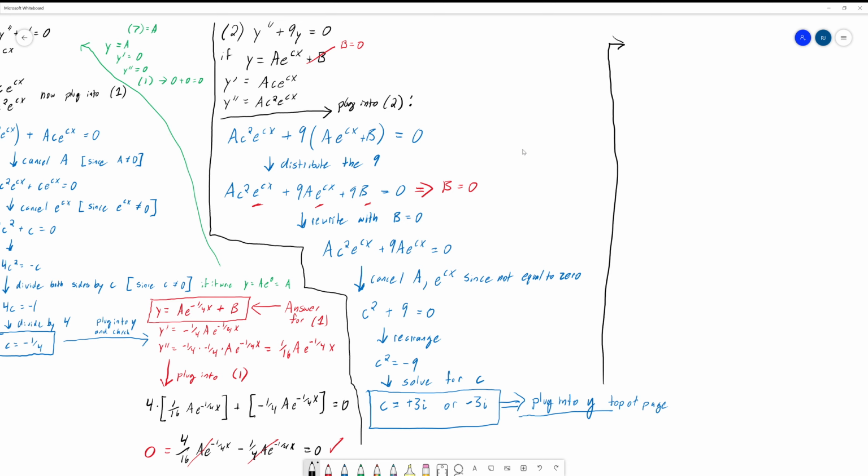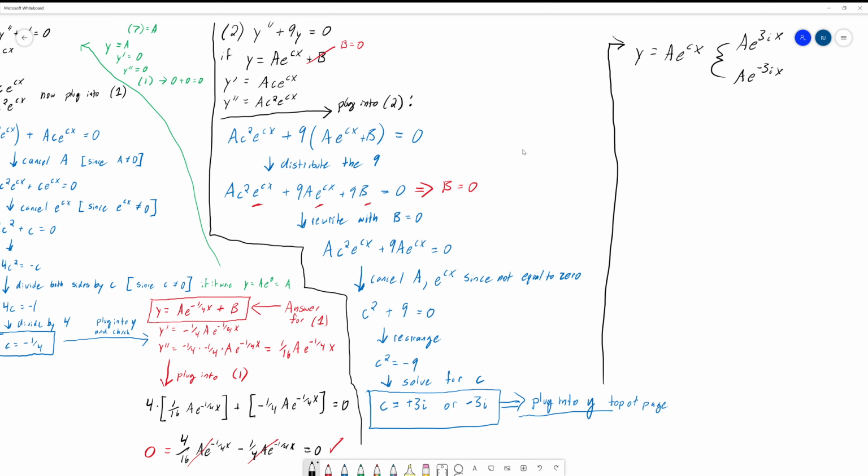Okay, so we have y equals a e to the cx, where c is either going to be ae to the 3ix or ae to the minus 3ix.